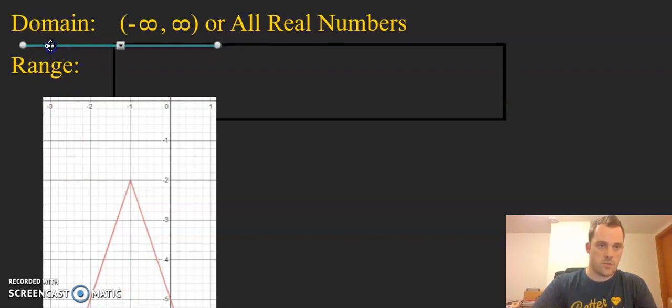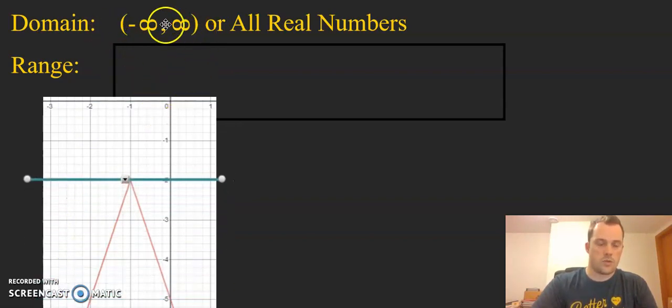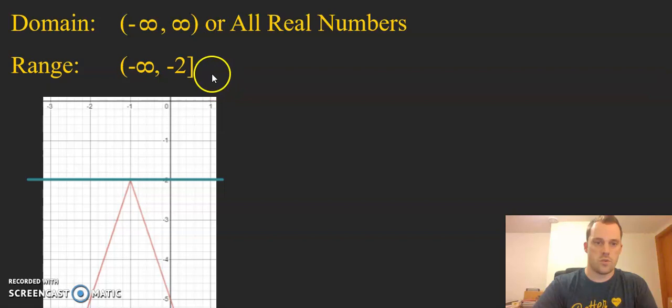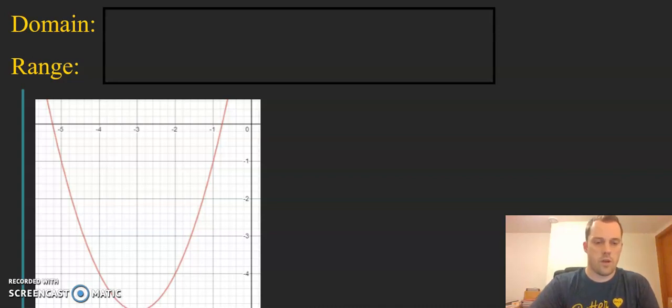So we have a maximum up here at -2, but then it goes down forever. So remember, domain and range, we always want to write the minimum first and then maximum. So it goes all the way down to -infinity, and then it comes up to and includes -2.